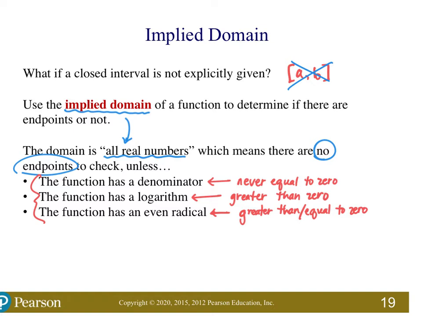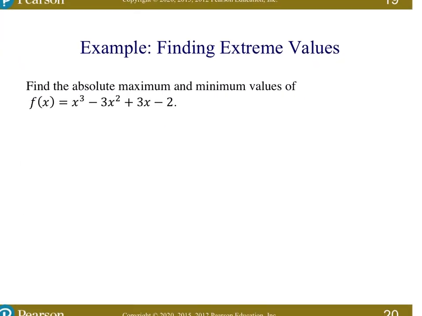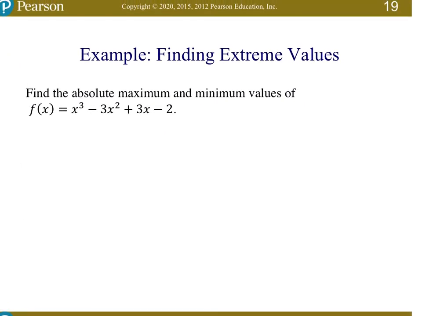All right, so let's see how this actually works in a real example. Find the absolute maximum and minimum values of this following cubic function, and there are no endpoints. Okay, no endpoints at all given, no interval given. All right, so let's tackle this first question, and then we'll talk about the critical points.